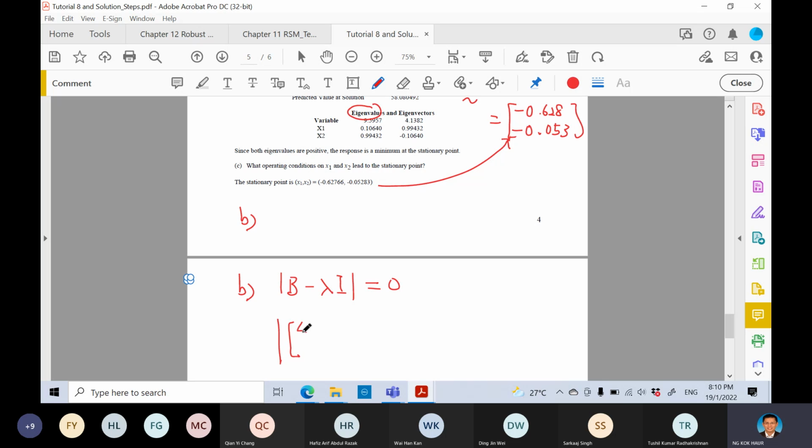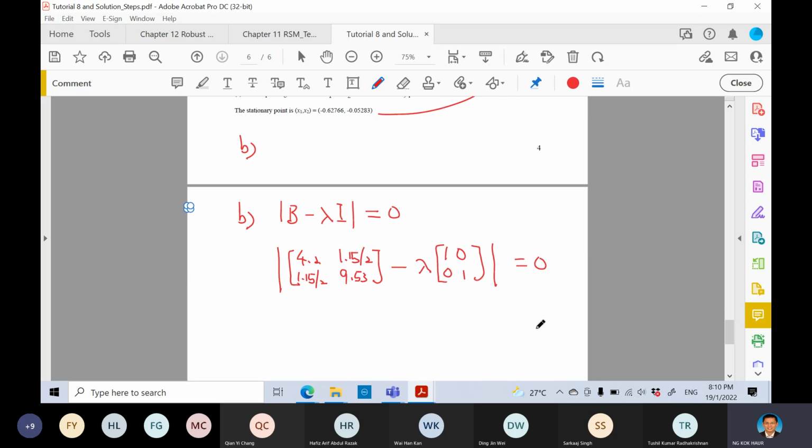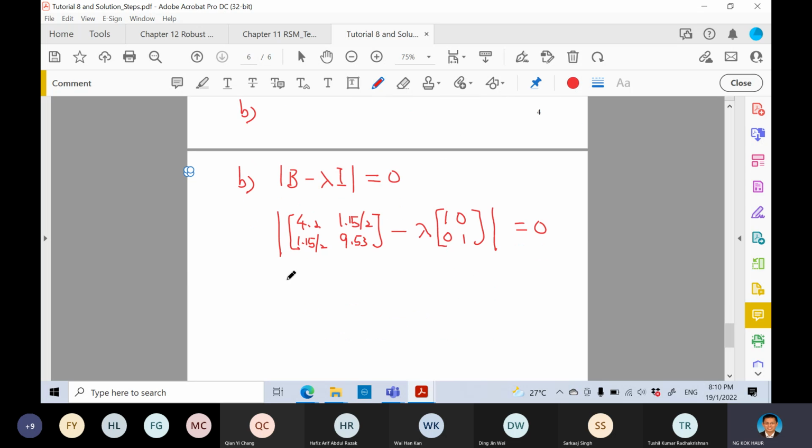The capital B will be 4.2, 9.53, and then 1.15 divided by 2, 1.15 divided by 2, minus lambda times I, the identity matrix 1 0 0 1, equal to 0.